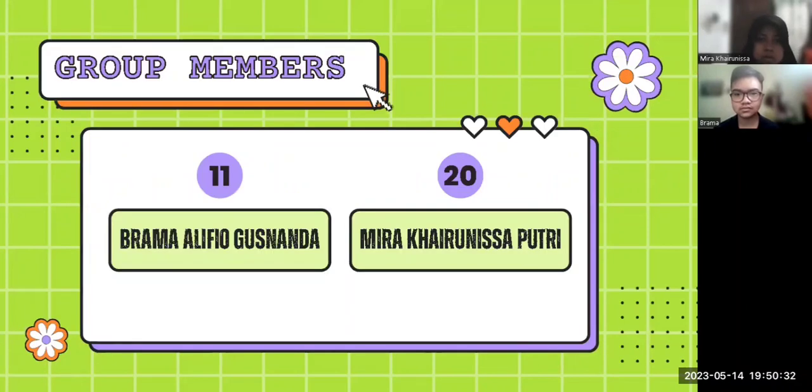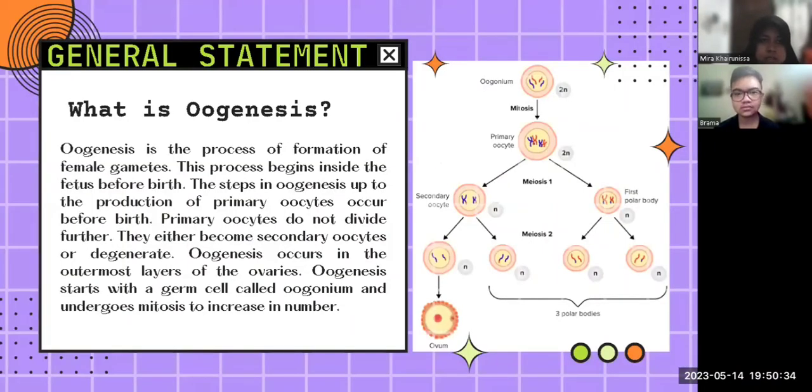Okay, so what is oogenesis? Oogenesis is the process of formation of female gametes. This process begins inside the fetus before birth. The steps in oogenesis up to the production of primary oocytes occur before birth.